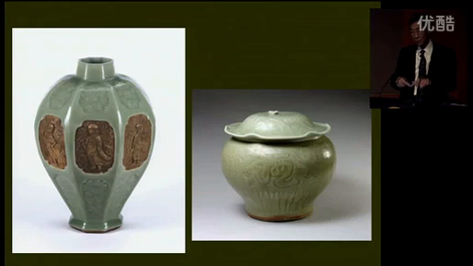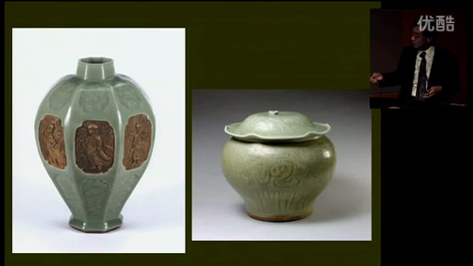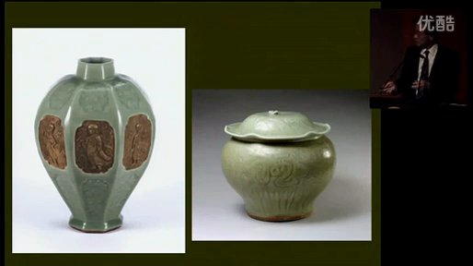Of course, it's not a potter's shape. This is a potter's shape, where you can imagine it being thrown on the wheel and growing on the wheel to its present form. But this one, you need to use the plastic quality of clay, the modeling quality, to make any shape you want. So you can imitate a metal shape.